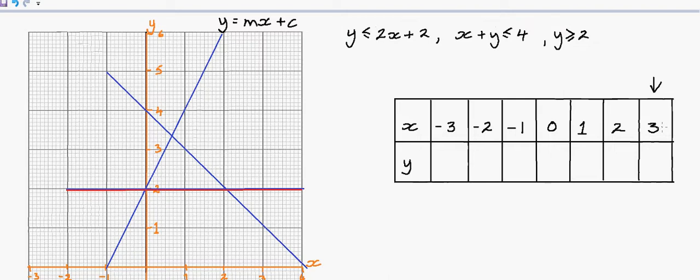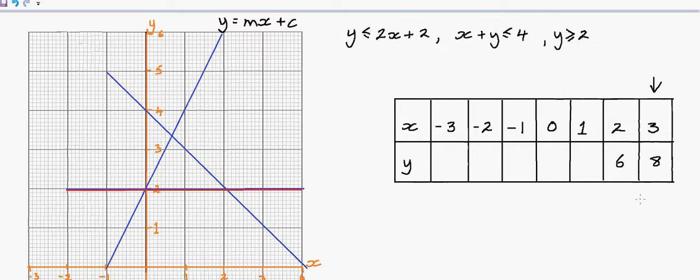If x is 3, 2x is 2 lots of 3, which is 6, plus 2 is 8. So now we go to where x is 2. If x is 2, 2x is 2 2's, which is 4, plus 2 is 6.